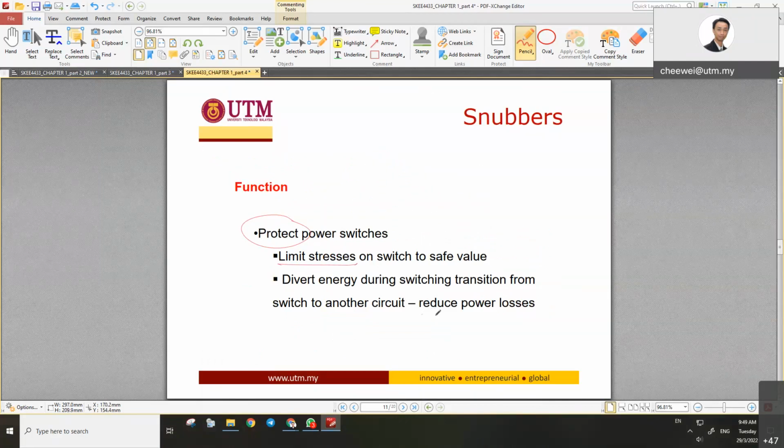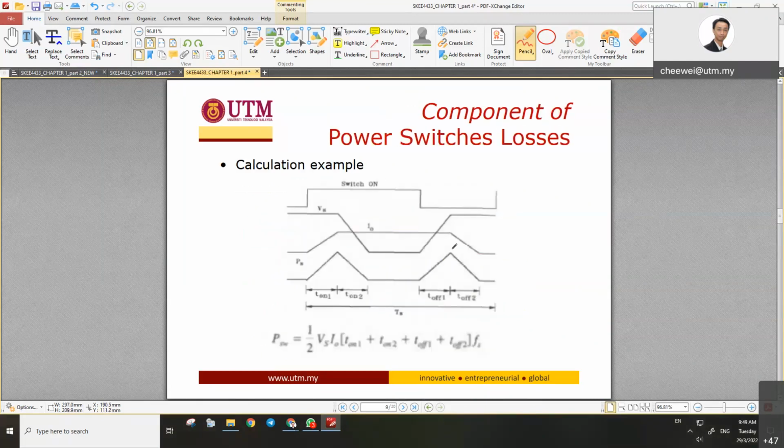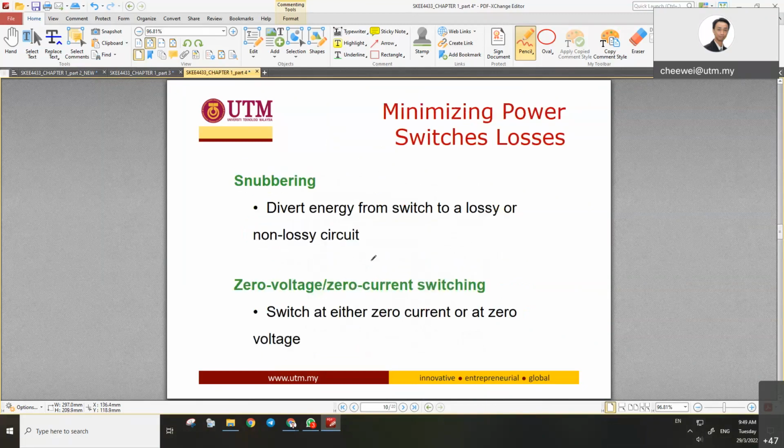So it helps to reduce the power loss. Minimizing power losses using snubber circuit, because snubbering helps to divert energy from the switch to a lossy, high losses, or non-lossy, low losses circuit.